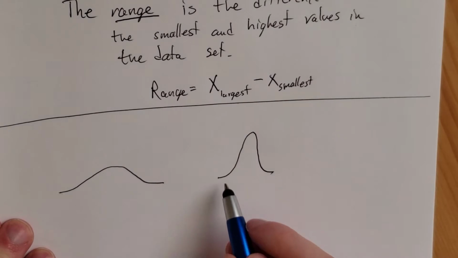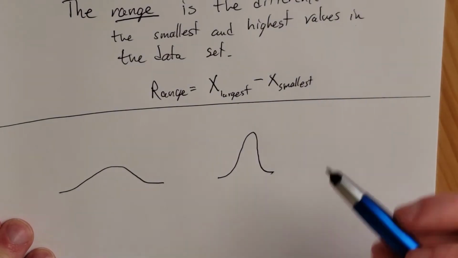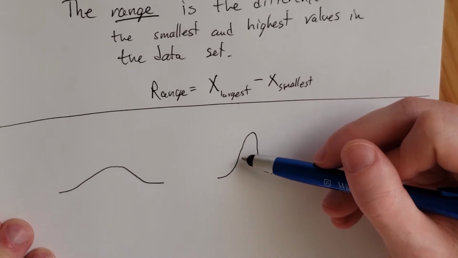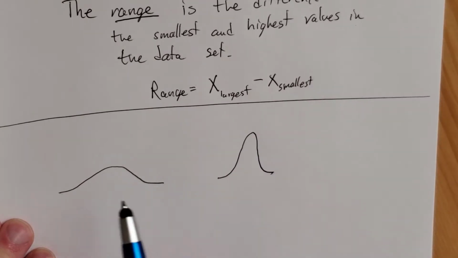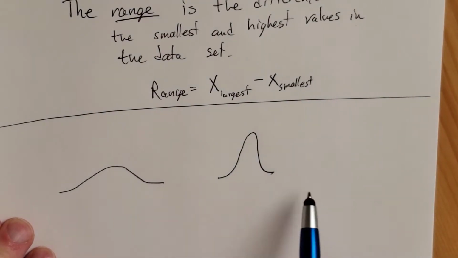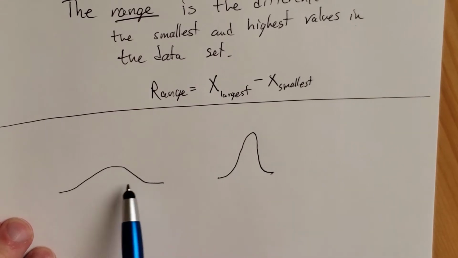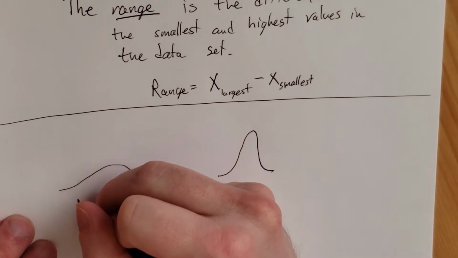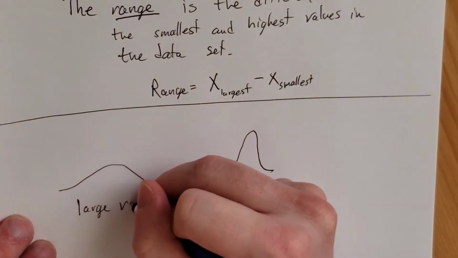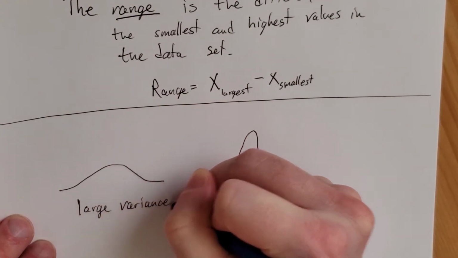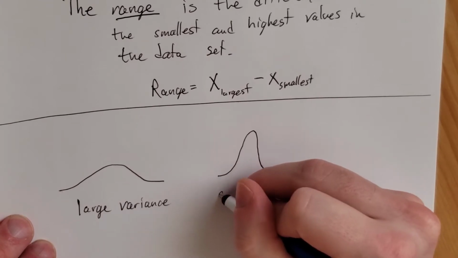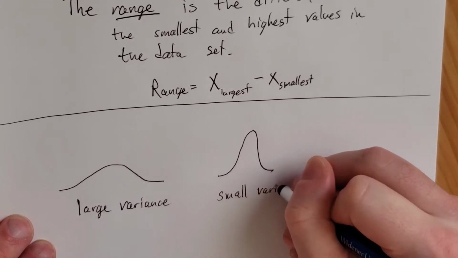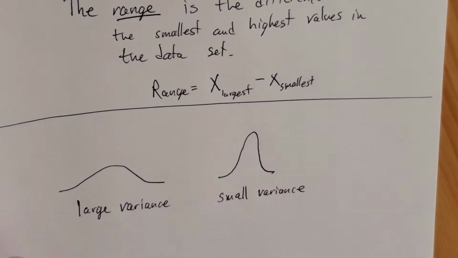Maybe we have a numerical variable along the x-axis, and then the frequency, how often this particular variable occurs, along the y-axis, and we have two different data sets. One looks like this, and the other one looks like that. Well, this we say has large variance relative to this figure, where we say it has small variance. And here's one way to think about that.